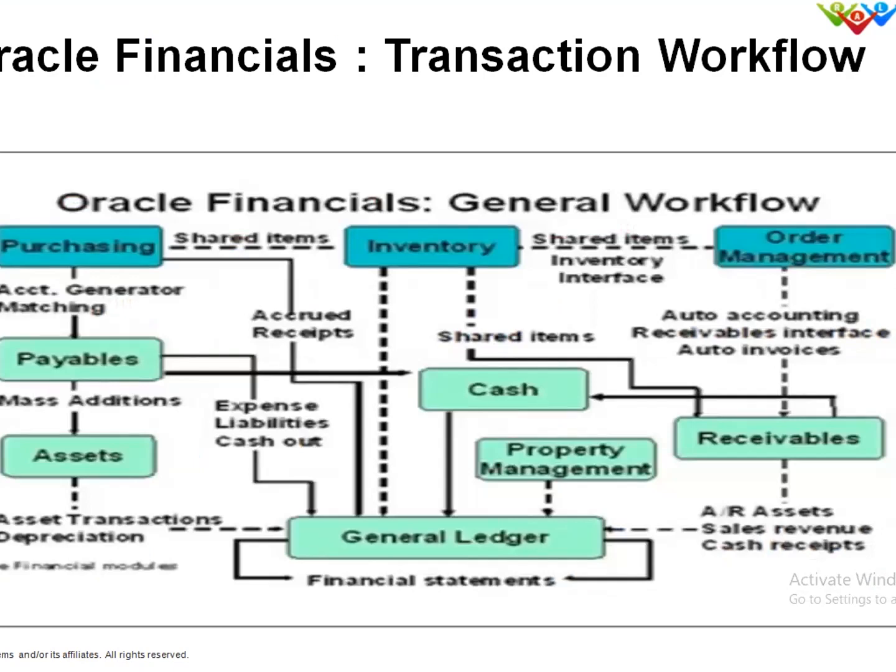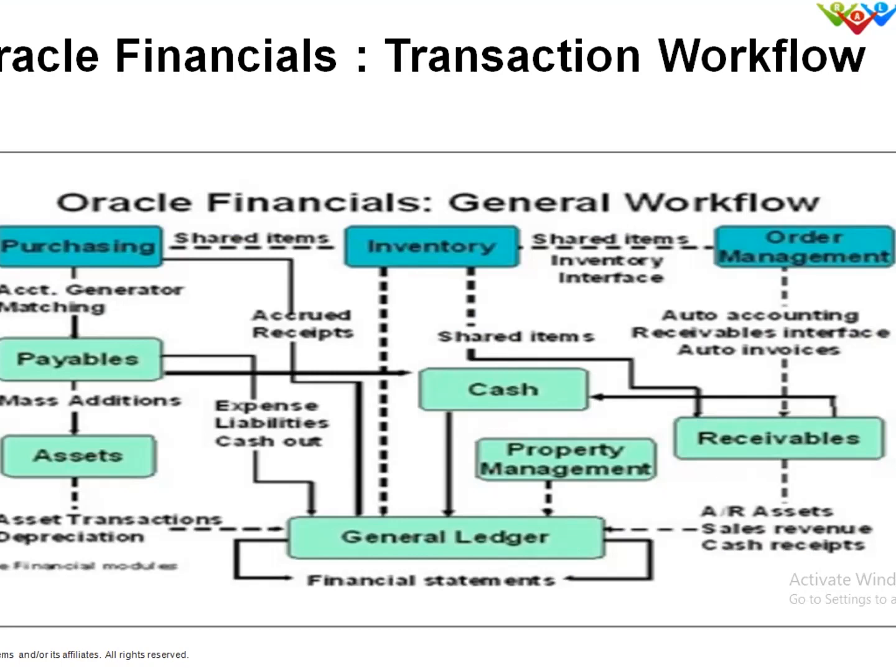Now, a typical flow of how the transaction flow works in finance, just to give you a high-level overview. General ledger is the master module, or you can say the heart. All your sub ledgers, purchasing, payables, inventory, order management, other than general ledger, all these modules are called sub ledger modules.